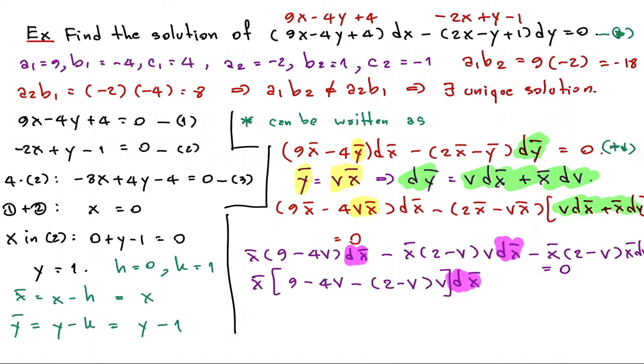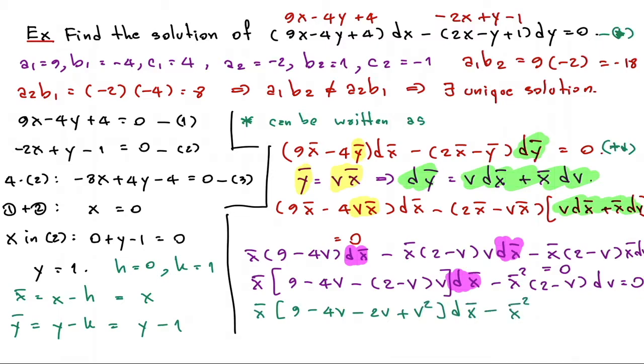And the other one is actually minus x bar squared 2 minus v dv equals 0. Okay, and then we have x bar 9 minus 4v minus 2v plus v squared dx bar minus x bar squared 2 minus v dv equals 0. Right?